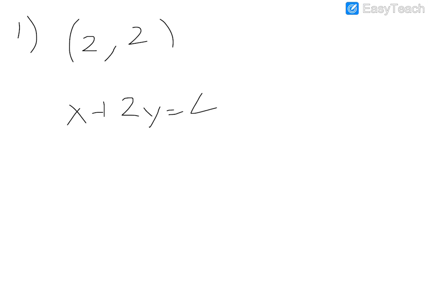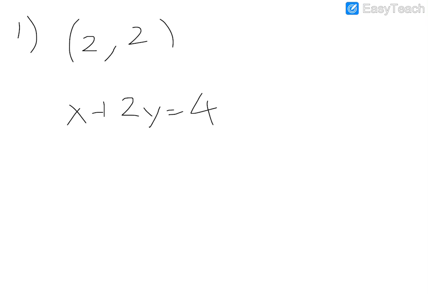Finally, I'll just leave you with a question. Find the reflection of the points. So you have a point (2, 2), and you're reflecting this point across the line x + 2y = 4.